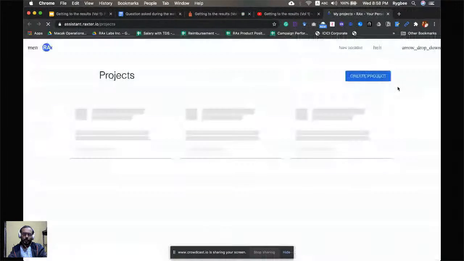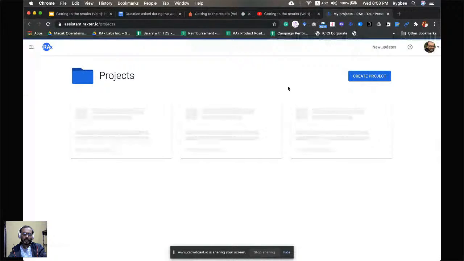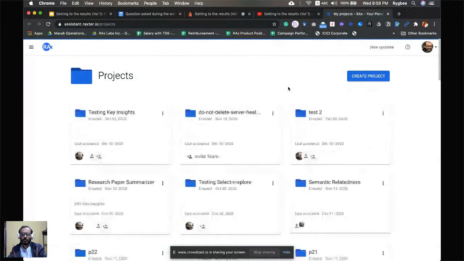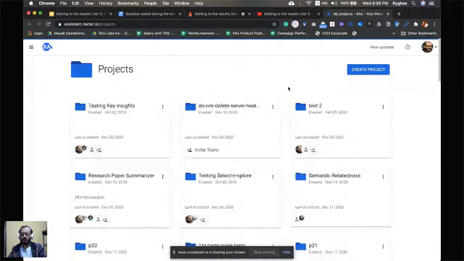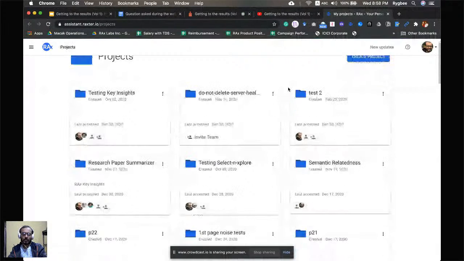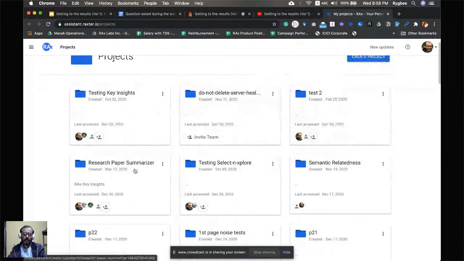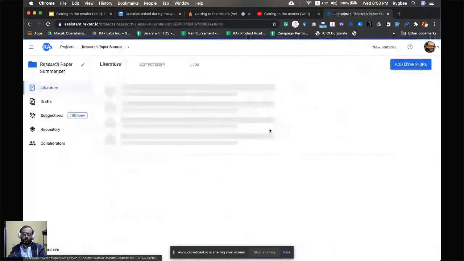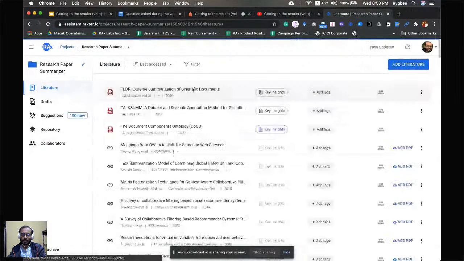So it opens up with your research projects, and your research projects are all the projects that you are currently working on, or you have already worked on. On many of these projects, you might be working solo, on many you are working in collaboration with others. And then you can enter any one of the projects, and as Rax is a literature analysis tool, it all starts from the literature list.